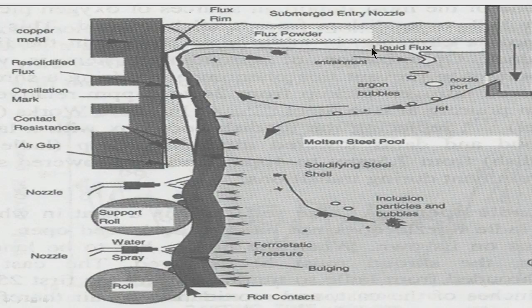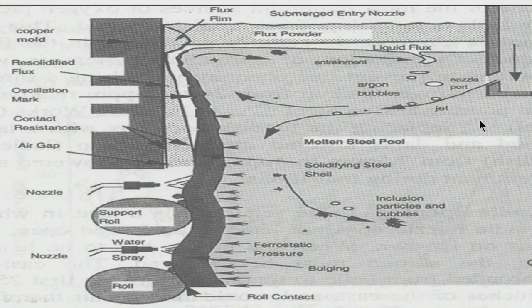Otherwise, if the turbulence is much, then there is a possibility of entrainment of the liquid slag at these locations. It is shown here. So, the turbulence in the liquid steel within the mold is very important.